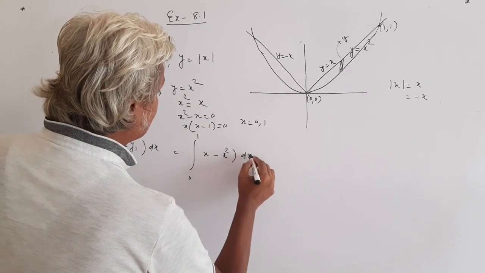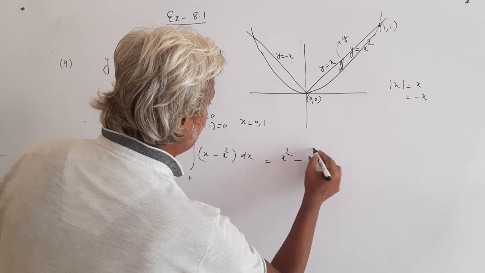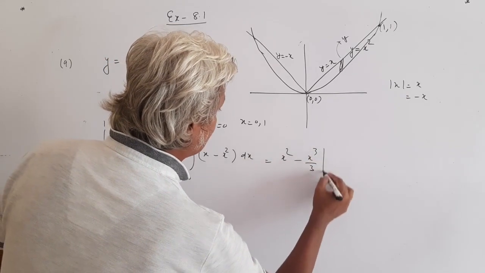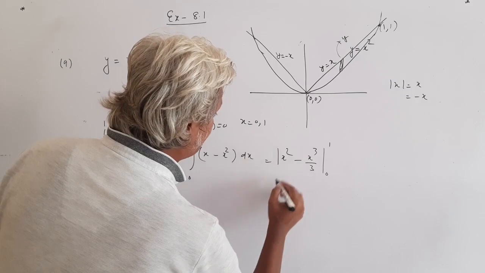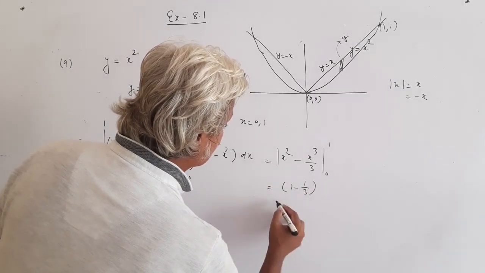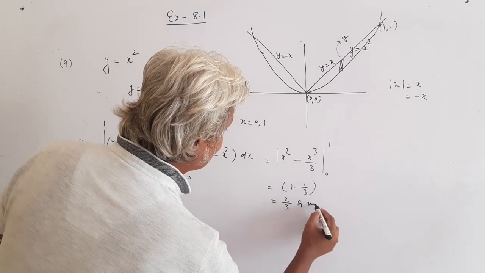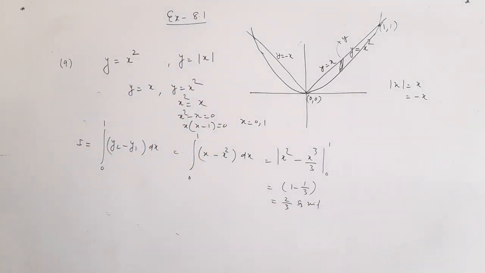Now let me integrate. This is x square by 2 minus x cubed by 3, with the limit from 0 to 1. If you take 1, you get 1 by 2 minus 1 by 3, and the rest is all 0. So what is the answer? 1 by 6 square unit.